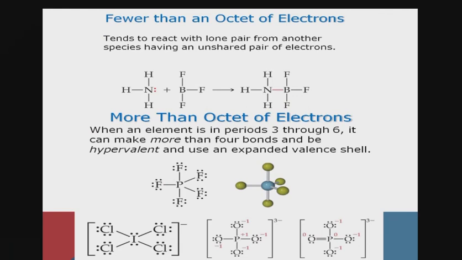Fewer than an octet of electrons. Example: for boron trifluoride, draw Lewis structures in which 1, the octet rule is obeyed, and 2, the formal charges are minimized. Giving boron a filled octet places a negative charge on the boron and a positive charge on fluorine.